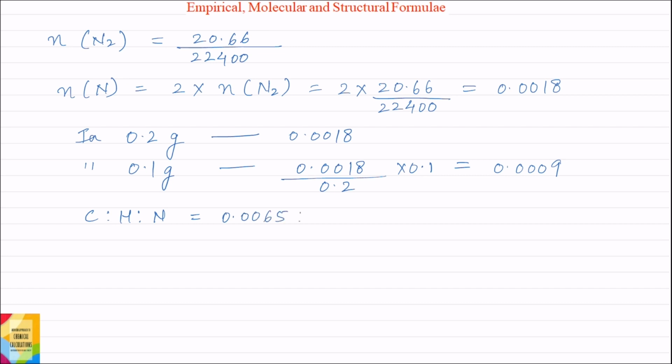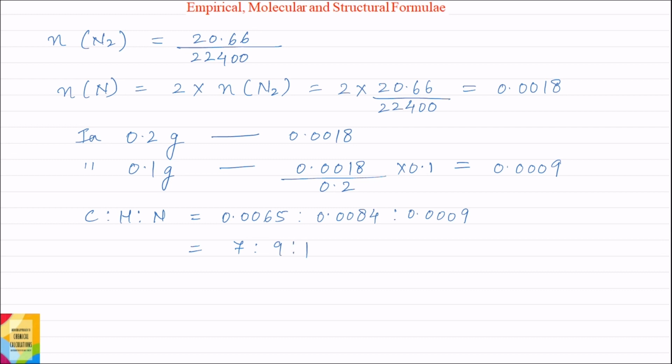Now the ratio of carbon is to hydrogen is to nitrogen is equal to 0.0065 is to 0.0084 is to 0.0009, and dividing all this by 0.0009, we get the simplest ratio, that is 7:9:1.